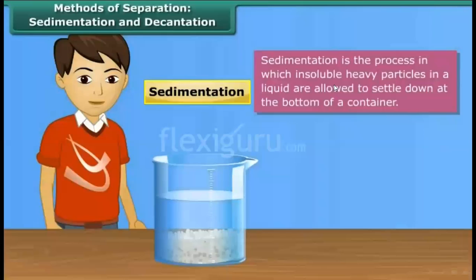So this process is called decantation and sedimentation. Sedimentation is a process in which insoluble or heavier particles in a liquid are allowed to settle down at the bottom of a container.